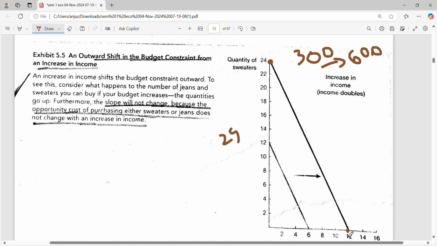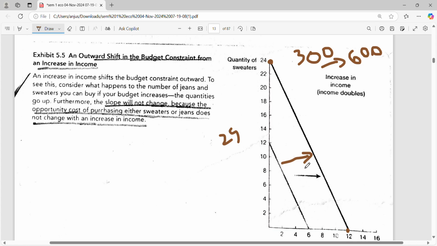Thus it is not a pivot, it shifts. It's an outward shift because both the intercepts are changing here. So we cannot see it as a pivot but as a shift. An increase in income shifts the budget constraint outwards, so you can buy more jeans and sweaters with a larger budget.